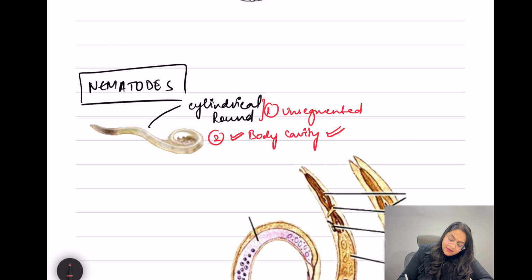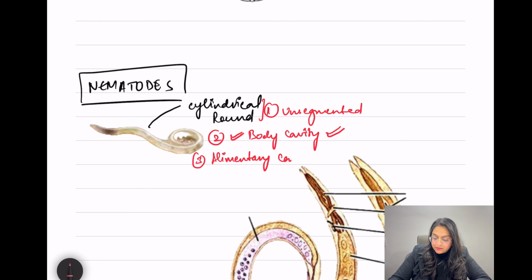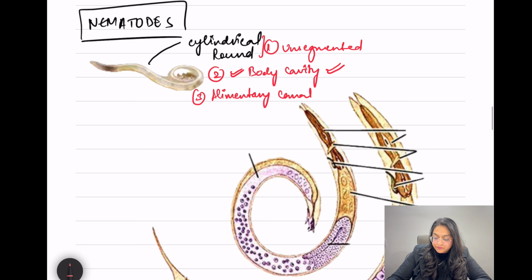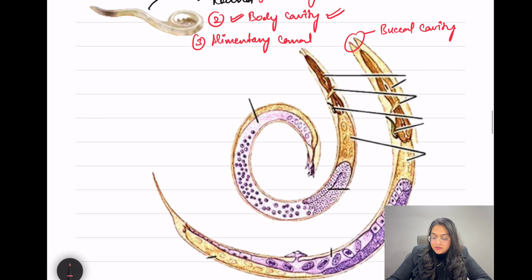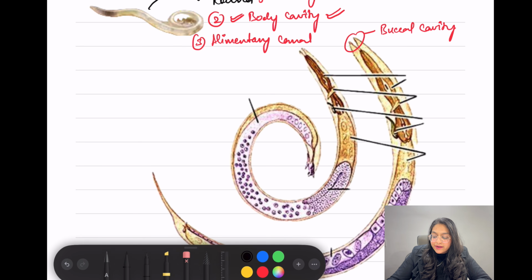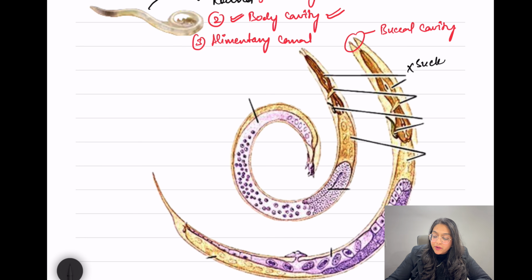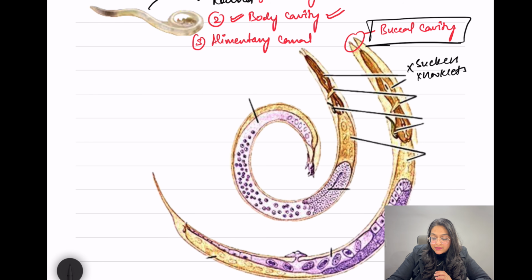What about my alimentary canal? Let's look here. This is the buccal cavity. Okay. There are no suckers, no hooklets. There is a proper mouth, buccal cavity. Some even have teeth plates.